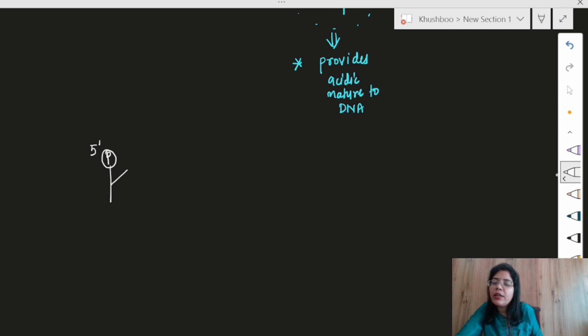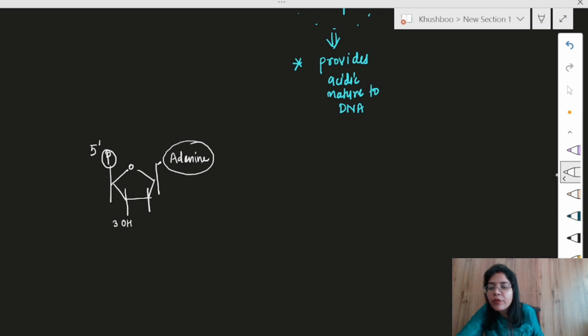Then you will have the deoxyribose sugar. To this first carbon, let's suppose you are adding adenine with the help of an N-glycosidic bond.